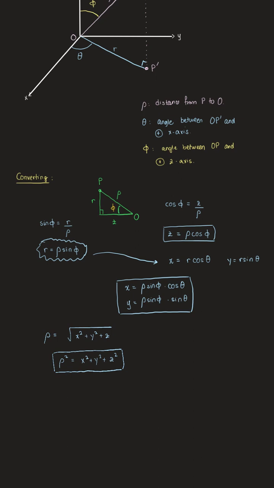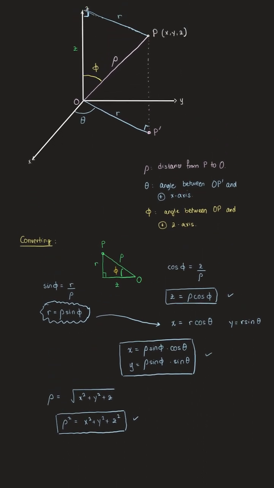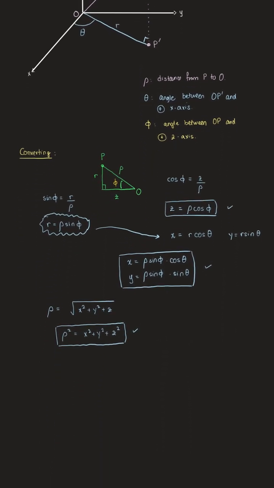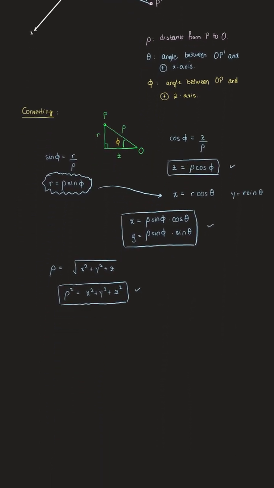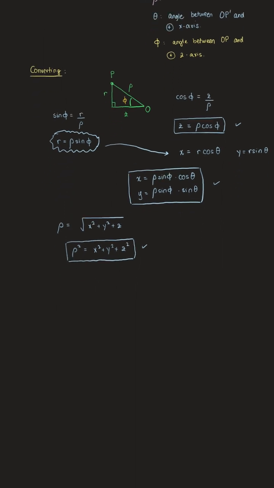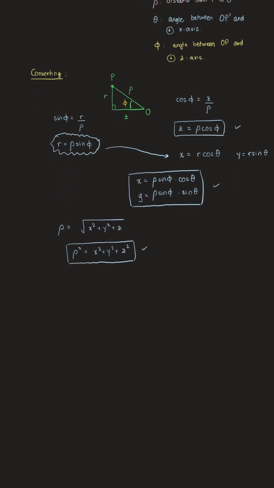So important things that we have here are conversions, and let's also specify some ranges for theta and phi and rho. So we know how to convert now, and we'll put this into practice, but a couple of things about rho, phi, and theta that we also need. We're going to assume here that rho is always greater than or equal to 0.